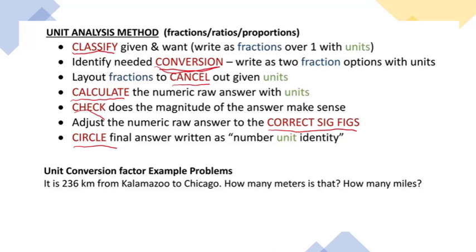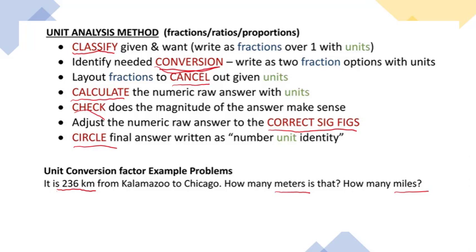So let's look at this first example and work through all of these steps together. So we're told that it is 236 kilometers from Kalamazoo to Chicago. How many meters is that, and how many miles is that?